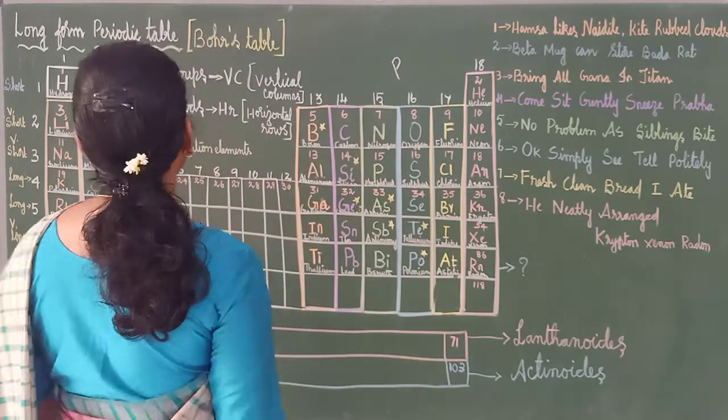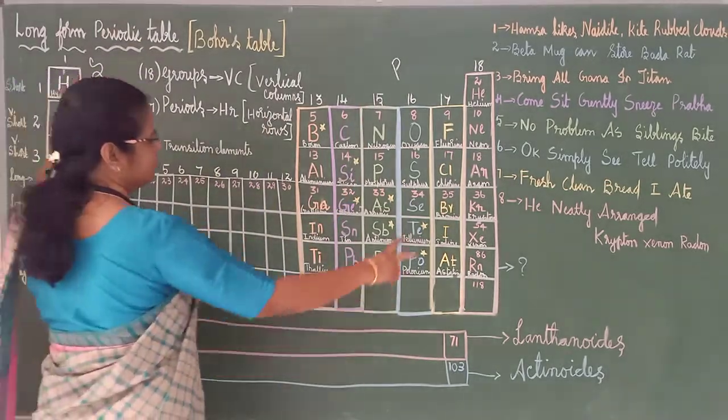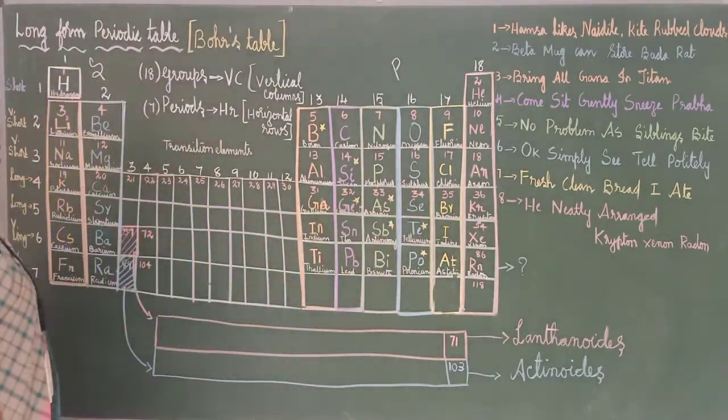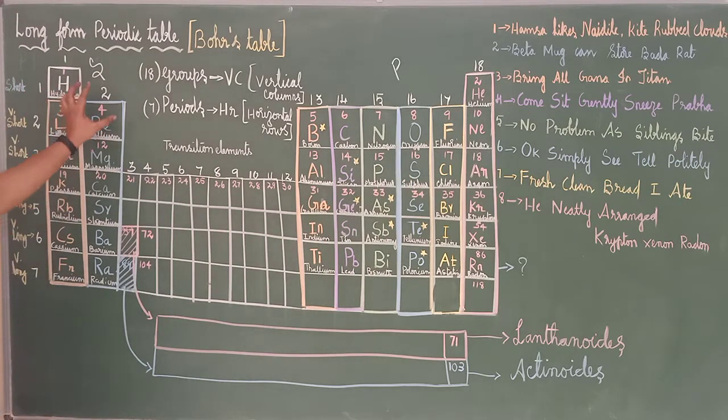Now this is S block elements and this is P block elements, I said, and groups are coming like this. See, hydrogen I have not joined with this. I have given it one separate place, that is very important. Now, based on atomic number we are putting the elements.